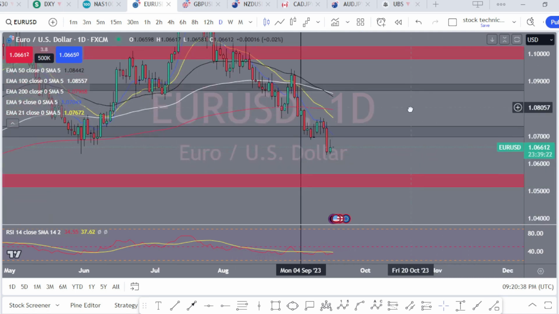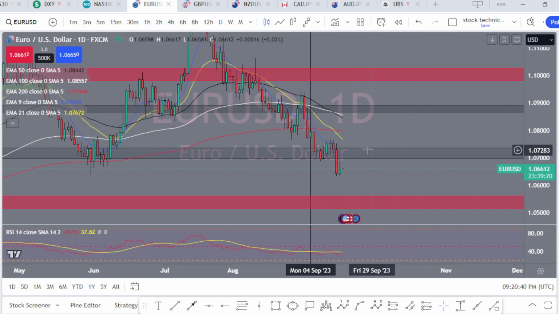As you can see in the weekly, it's between the weekly resistance and the support. This is not a bearish fan bar, but you can see the market just opened. There's a possibility, like we said again, for price to come back here and test, or it might go as high as here, right?